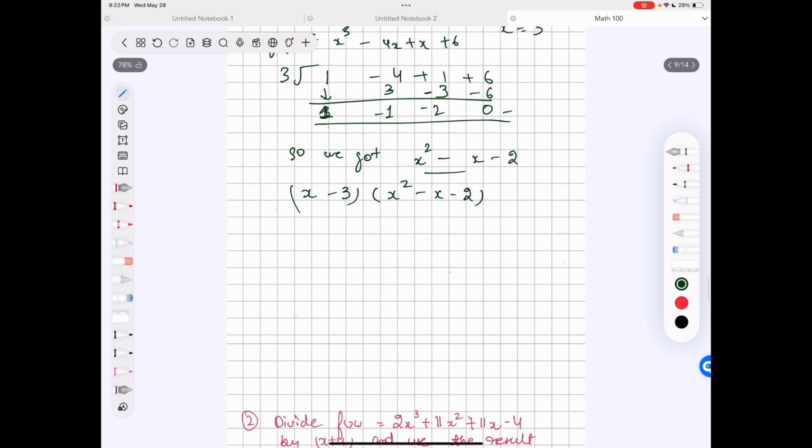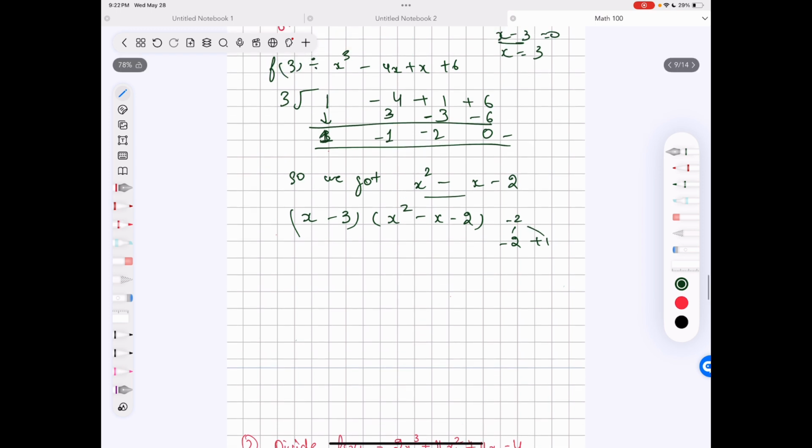We need something that would multiply to minus 2 and add up to minus 1. So we can take minus 2 and positive 1, which would give us the answer.